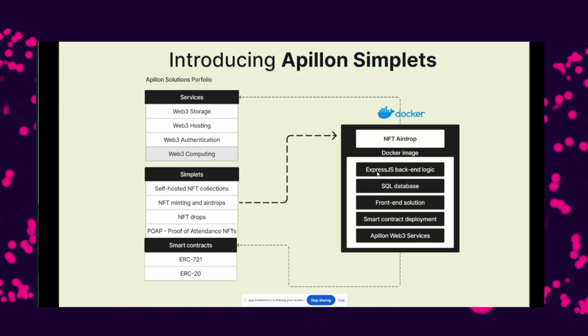This Docker image includes an SQL database. It has a front-end solution. It has Express.js backend logic. So everything included here is something coming from Web2, and it doesn't require any specific Web3 knowledge.